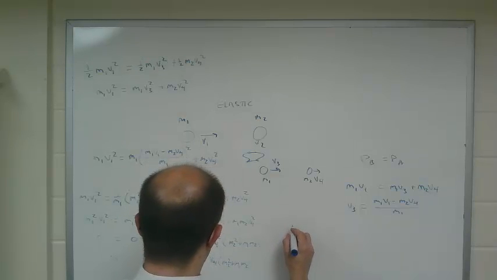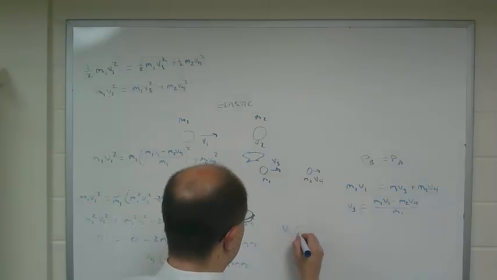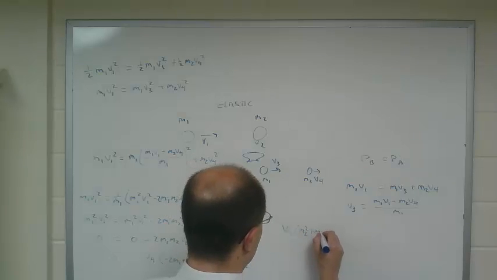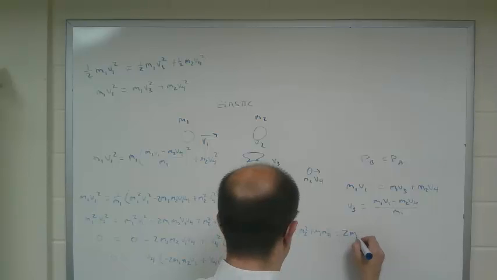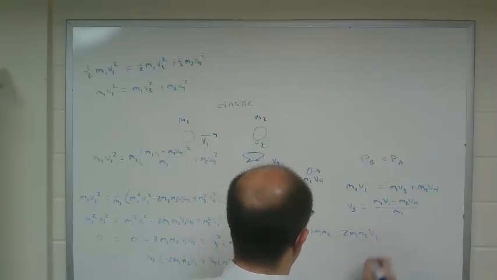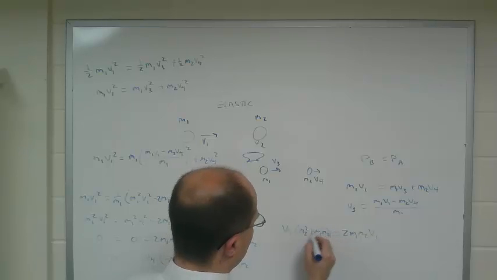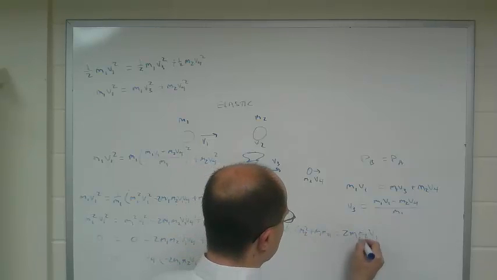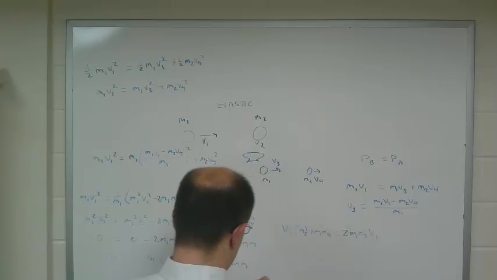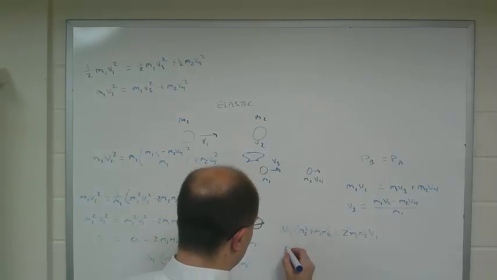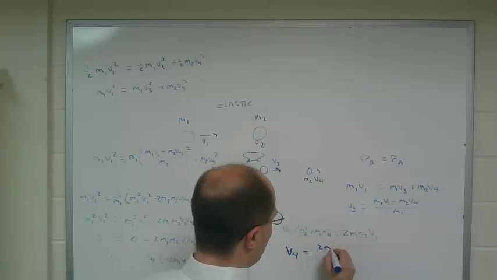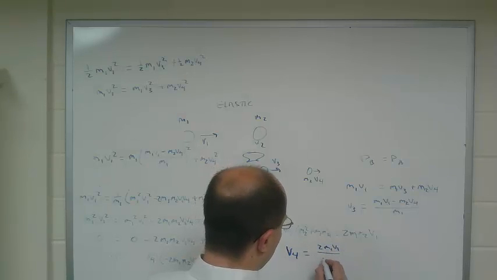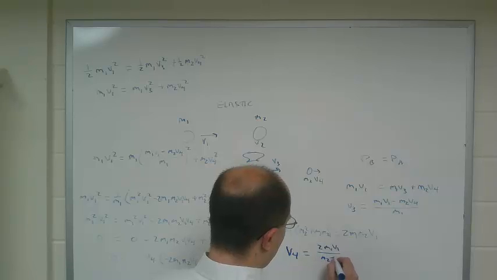So V4 times this term, M2 squared plus M1 M2, has to be equal to 2 times M1 M2 V1. Or we can divide out one of our M2s, and we see that V4 is equal to 2 M1 V1 divided by M2 plus M1.